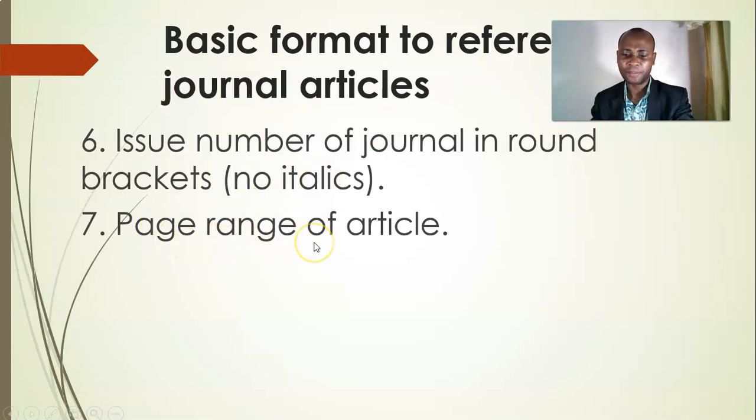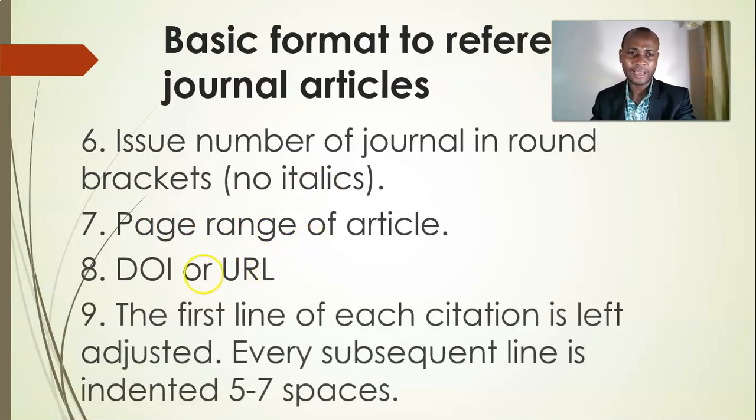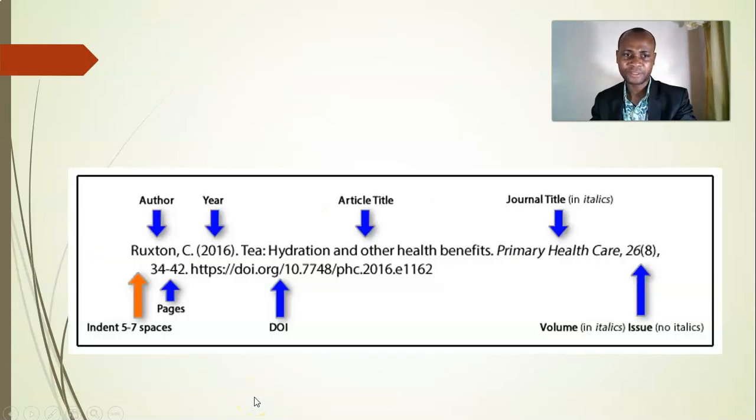Then the page number of the article, the DOI or URL. The first line of each citation is left adjusted, and every subsequent line is indented 5 to 7 spaces. So it looks like this one here. This is a typical citation for APA.